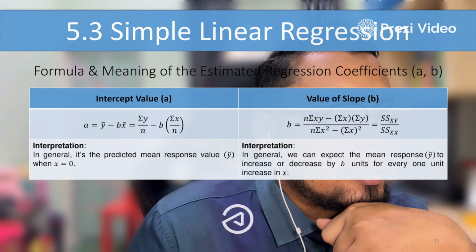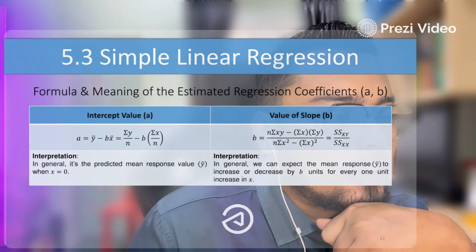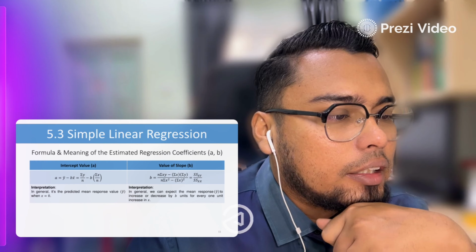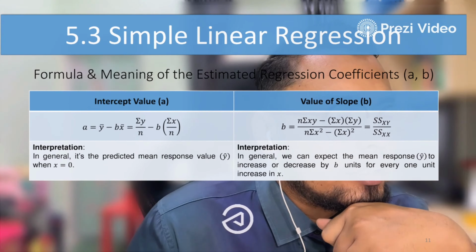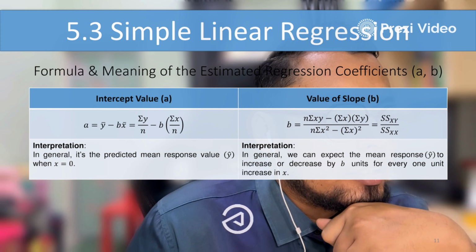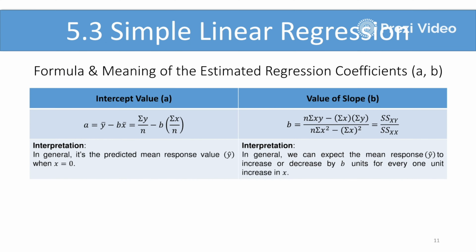If you look on the slides here, we have the intercept value and the value of the slope. To obtain the value of a, the general equation you can use is y bar minus b x bar.